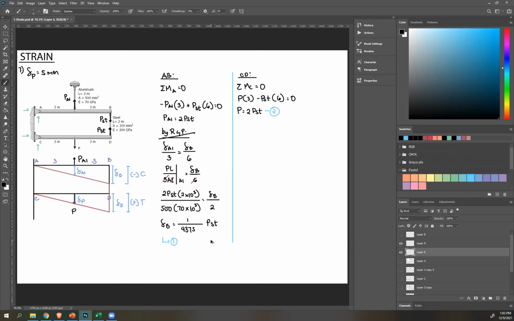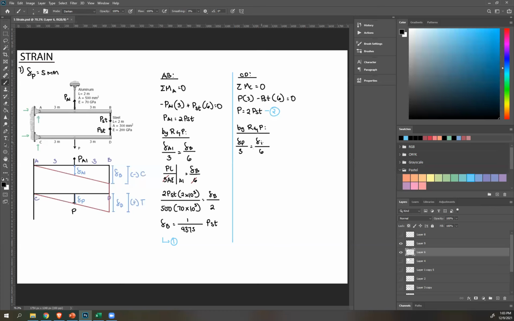Next is, again, ratio and proportion, so by R and P. So now focusing here, again, base over height equals base over height. Delta P over base 3 equals delta D, displacement of point D, over total base 6. Okay, and then let's simplify this.